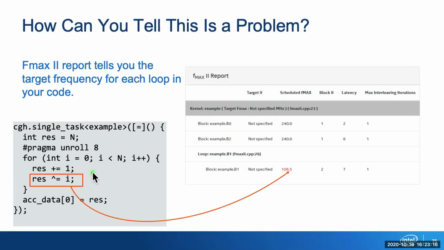So it's better to reduce the number of unrolls, or put an intermediate value here, because this can increase the latency, but not the initiation interval. So it could be a good idea.